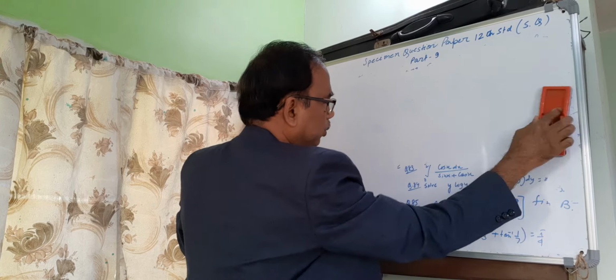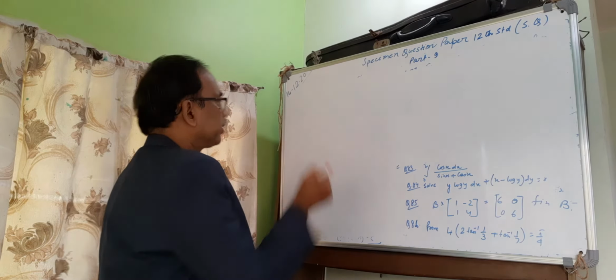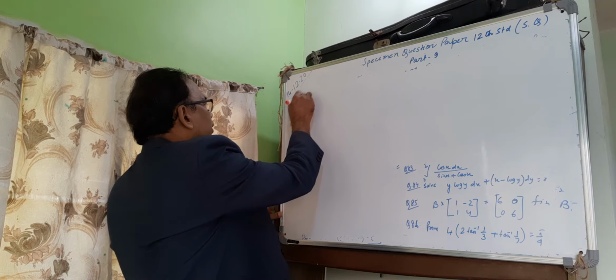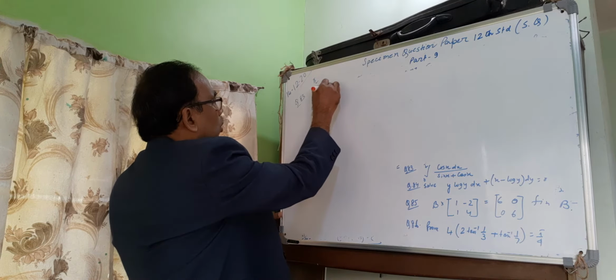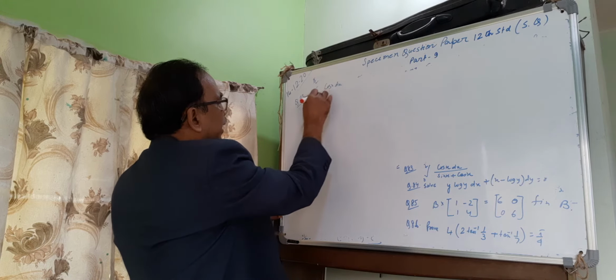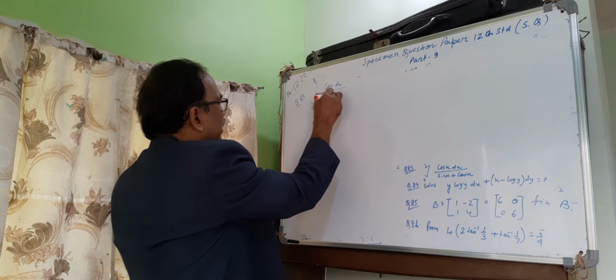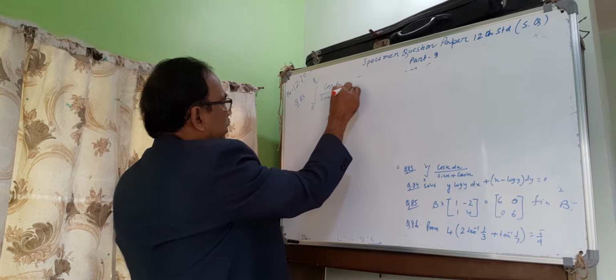Next, sum number 83. It is also an integration sum. The integral from 0 to pi by 2 of cos x dx by (sin x + cos x).